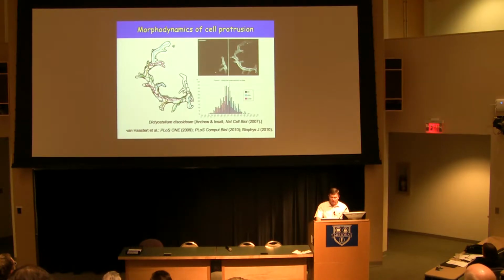One thing that the cell tracking throws away, however, is the shape changes that occur as the cell crawls. So the different structures that form that are associated with the protrusion of the cell, and also the corresponding retraction at the cell rear. And in the interest of time, I can just point you to some of the work that's been done in morphodynamics of cell movement.